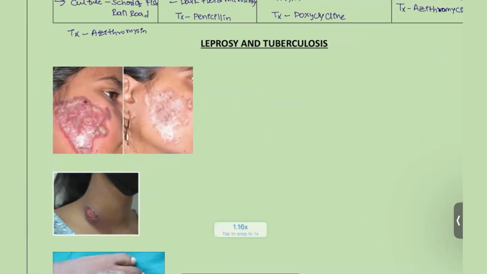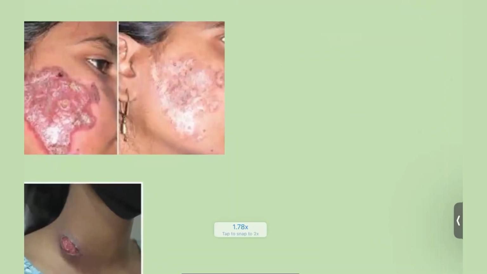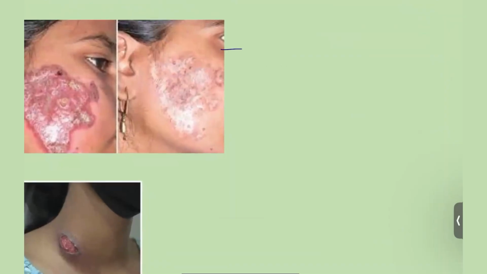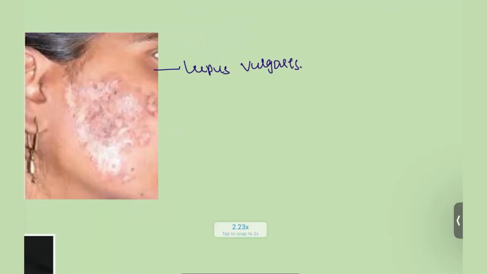Next, moving on to leprosy and tuberculosis. This condition is known as lupus vulgaris. A misnomer, it is not a lupus condition. How are we going to see this patient? Usually, this is the most common TB presentation on the skin, and it presents as verrucous plaques.